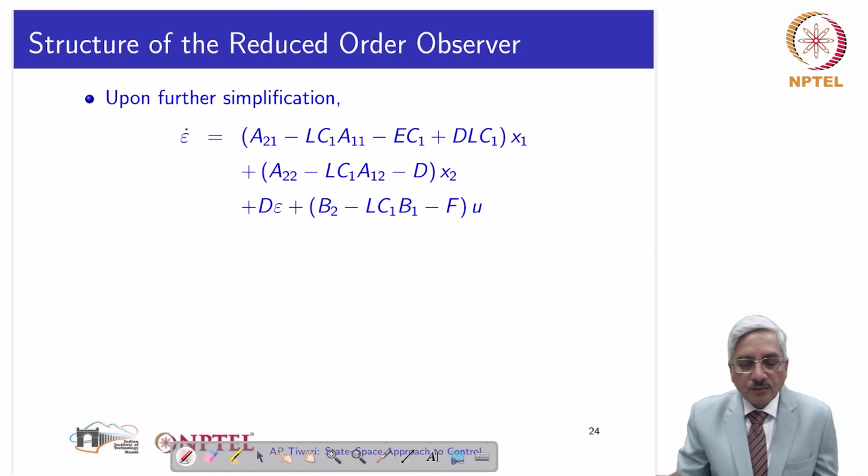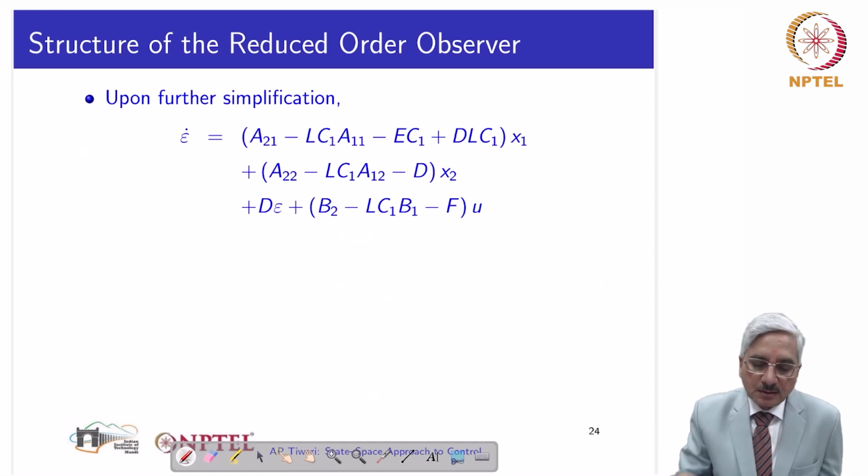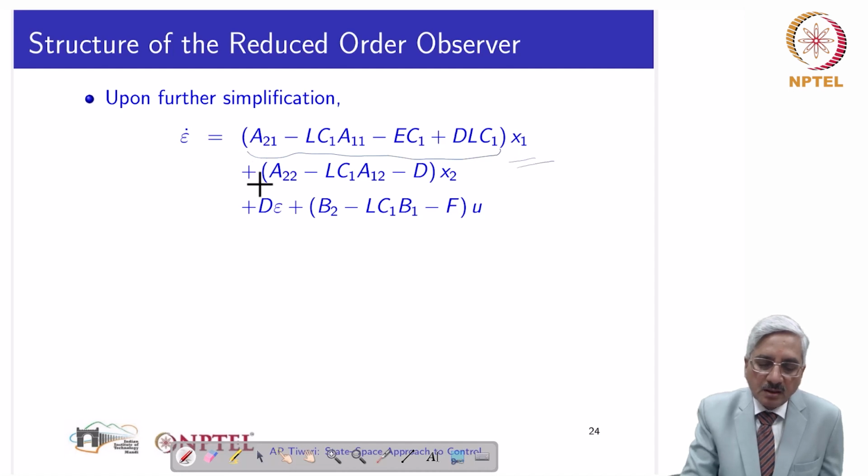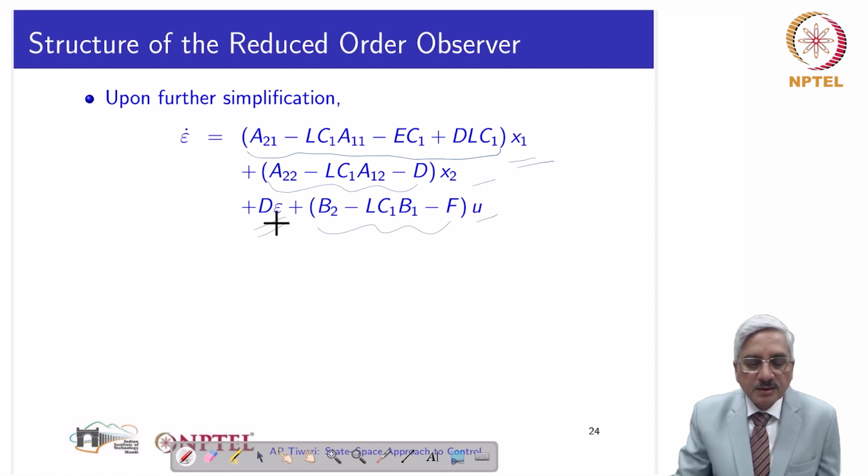And then we further collect the terms together and simplify. So we get xi dot as this whole thing multiplying x1, this whole thing multiplying x2, this multiplying u, and a term D times xi.